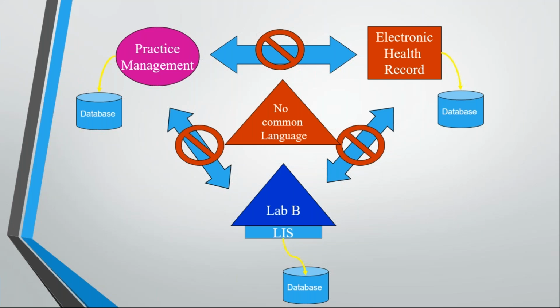Similarly, on the other side, he will design the data insertion model based on the database architecture of the electronic health record. That means the engineer who is going to deal with this interface should have a thorough idea of the architecture of the PM database as well as the EHR database.